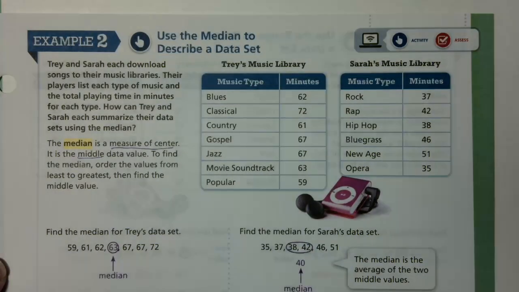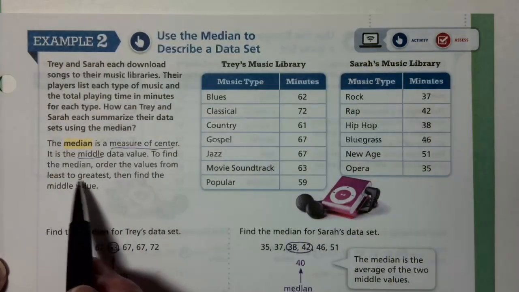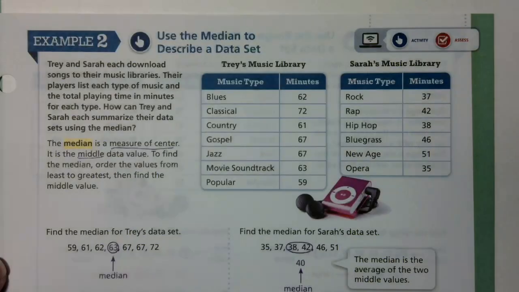To find the median, order the values from least to greatest and then find the middle value. Okay, let's read the problem. Trey and Sarah each download songs to their music libraries. Their players list each type of music and the total playing time in minutes for each type. How can Trey and Sarah each summarize their data sets using the median?